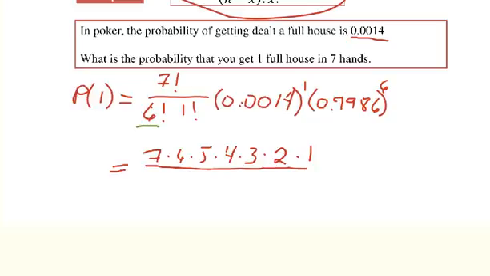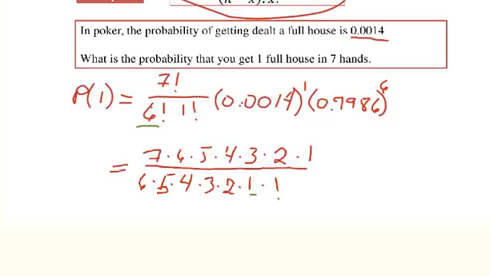Divided on the bottom by 6 times 5 times 4 times 3 times 2 times 1, that's what we get from 6 factorial, but we also need to multiply times 1 factorial, which will be times 1. Of course, the 1s don't change anything, but we still include them just for completeness.